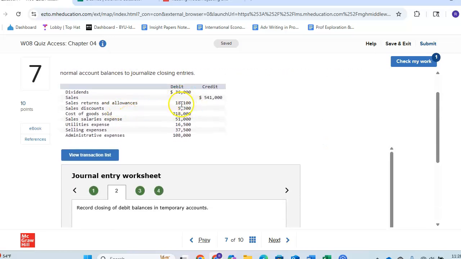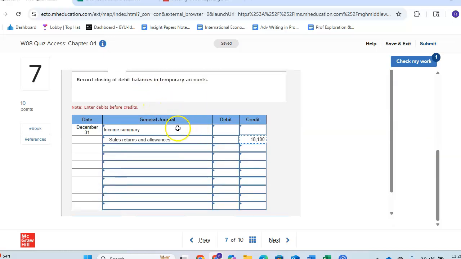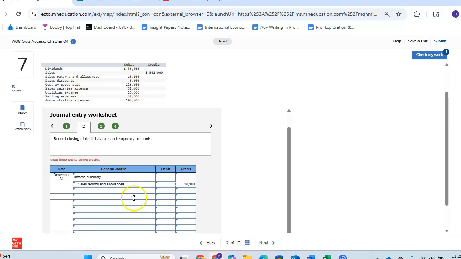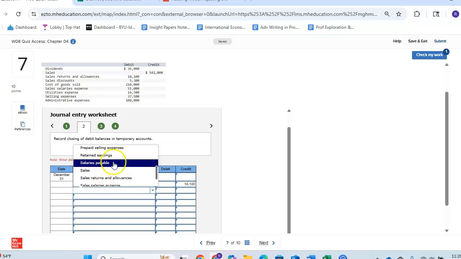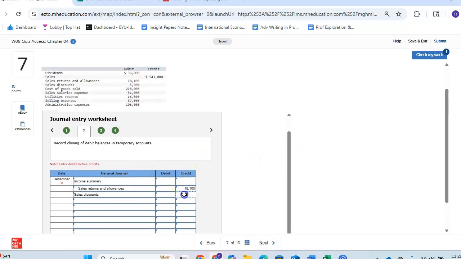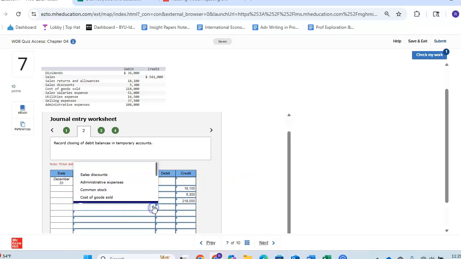for 18,100. Sales discounts. What I usually like to do is just zoom out a bit so that I don't have to scroll up and down, which is quite useful. Sales discounts for 5,300. Cost of goods sold, 218,000.